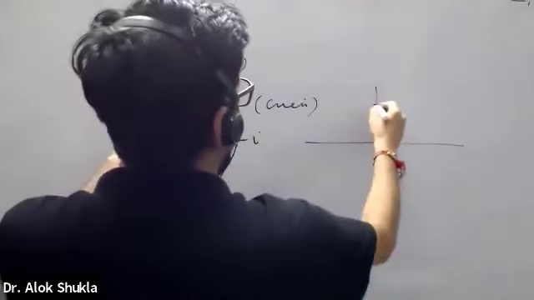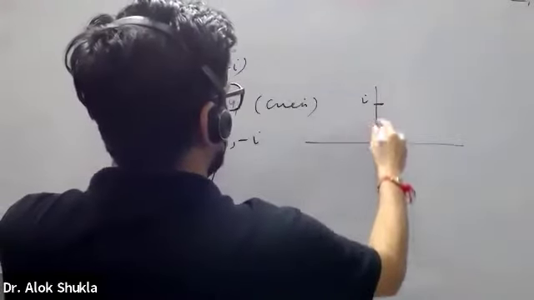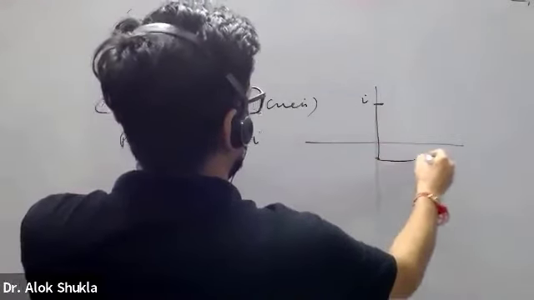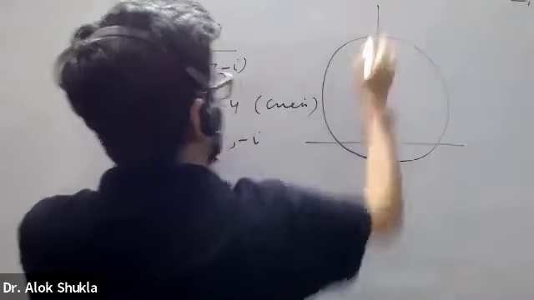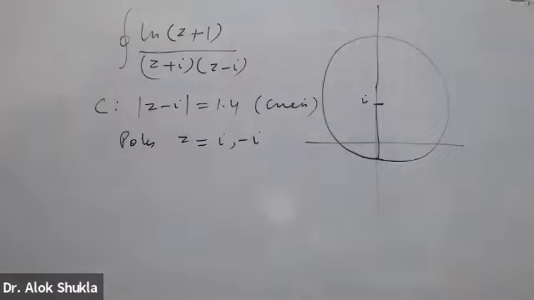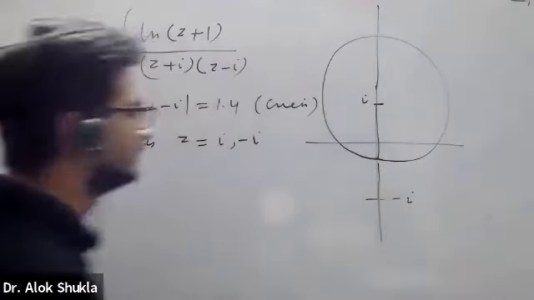z is equal to iota is the center and 1.4 is the radius. So somewhere here it will come. This is the circle. Okay, and your iota will lie here and minus iota will lie here. Can you see that?